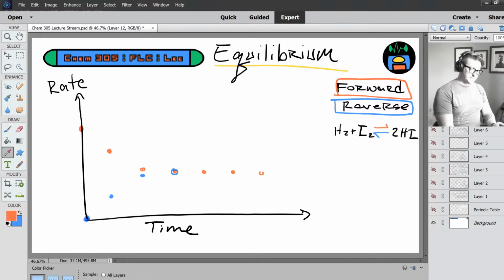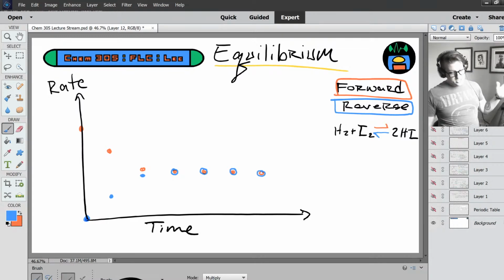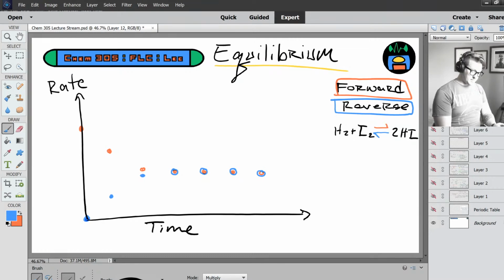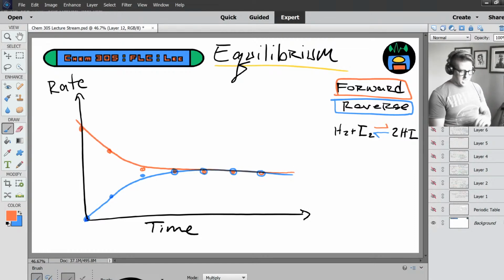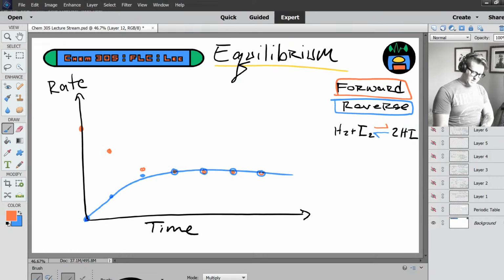This is because the concentrations have reached a point where, as fast as the forward reaction is producing HI, HI is reacting to reproduce H2 and I2. So if you plot these two lines, they'll look like this. And from this, oh, hang on, I can draw that better.